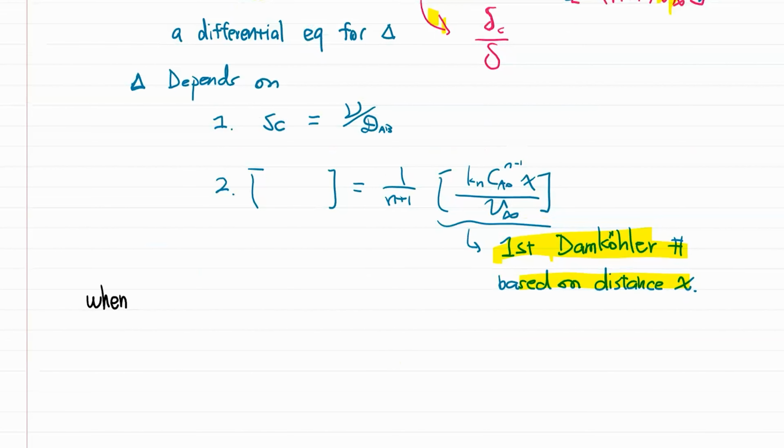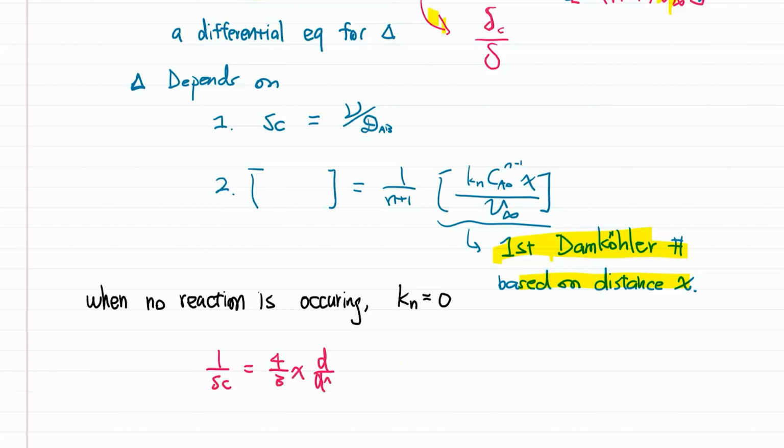So when no reaction is occurring, that means the rate constant K sub n equals 0. We now get the simplified equation where 1 over Schmidt number equals 3 over 4 x d dx of delta cube plus delta cube.